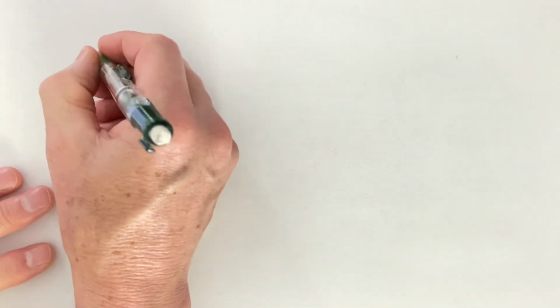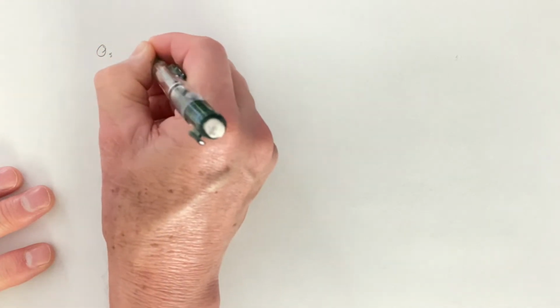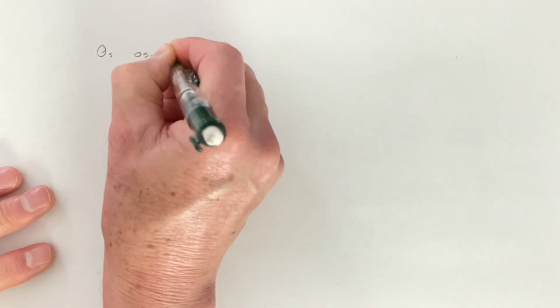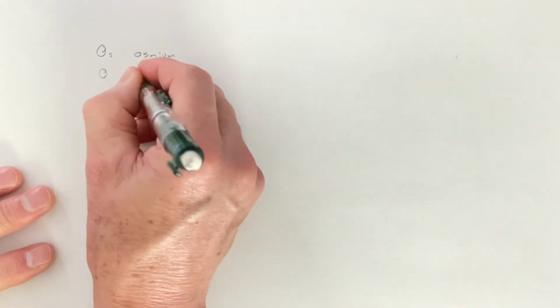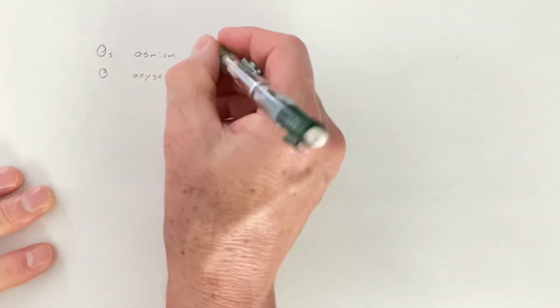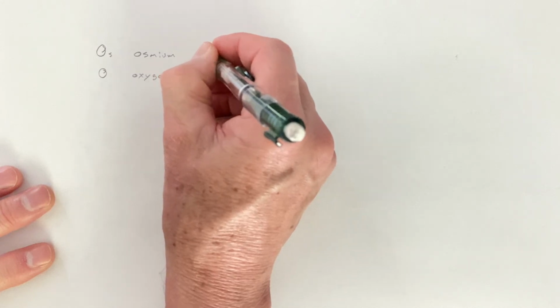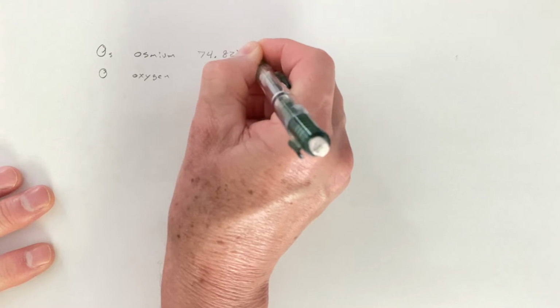Let's say our compound contains 2 elements. One is osmium, its symbol is Os, and the other is oxygen. And we're told that the percent composition of osmium in our compound is 74.827%.